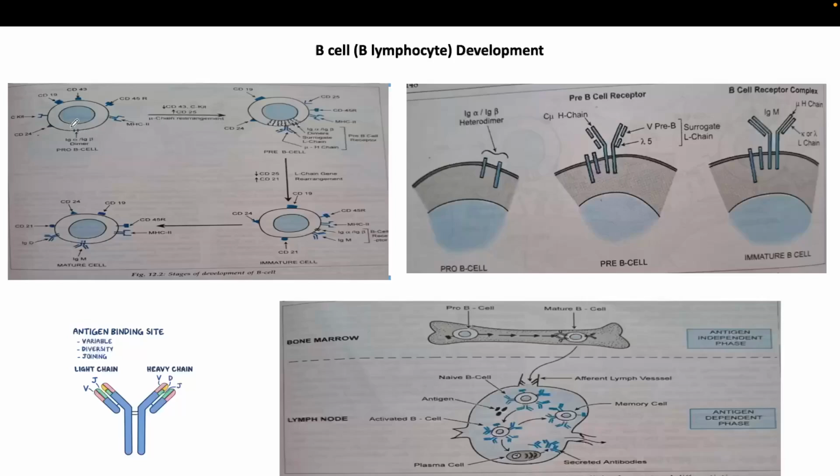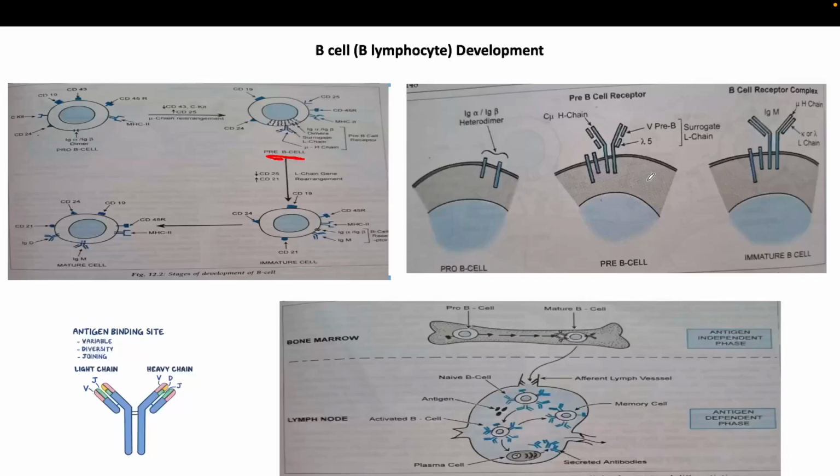That's why the heavy chain rearrangement takes place, and once it does, it gives rise to the pre B cell. The other markers remain the same; only the heavy chain synthesis is completed. Simultaneously the light chain synthesis is starting, and at that stage it is called the surrogate L chain.